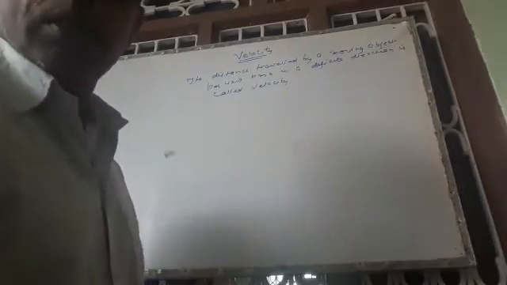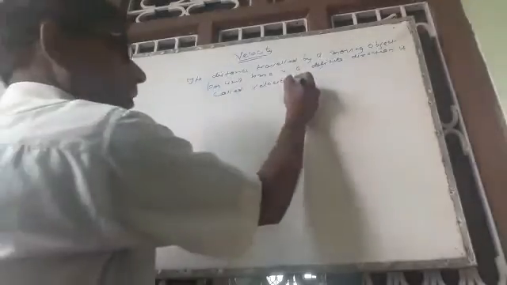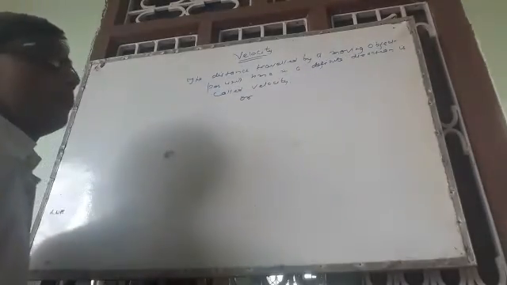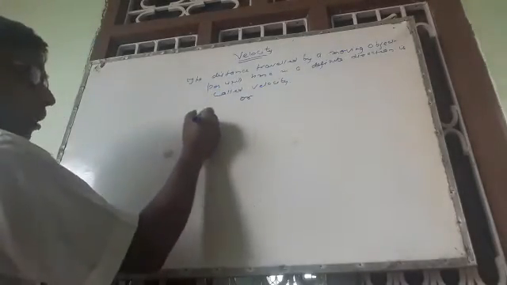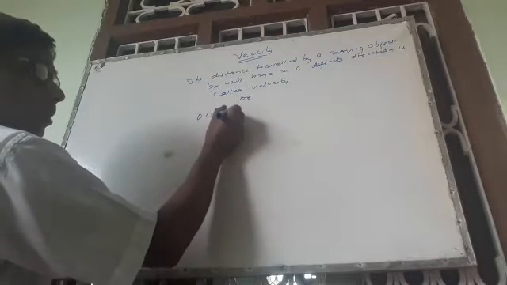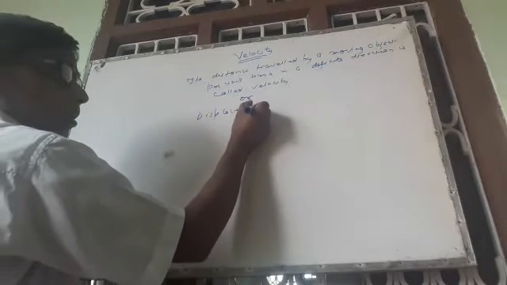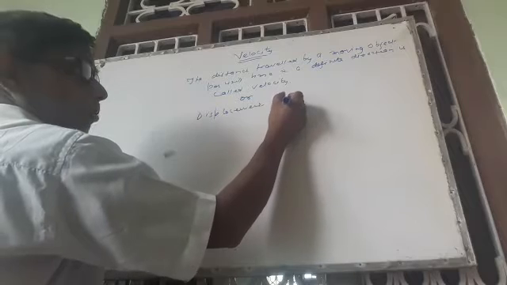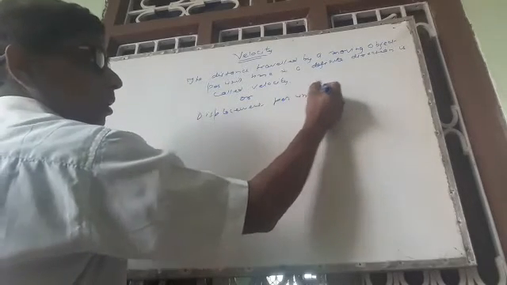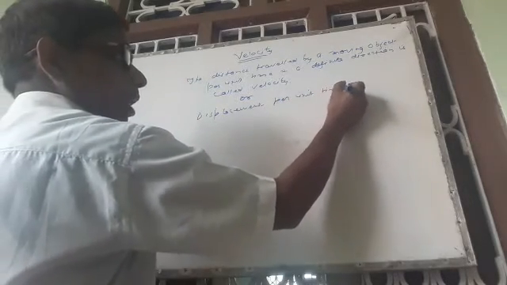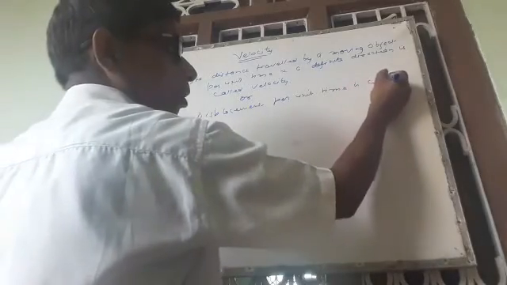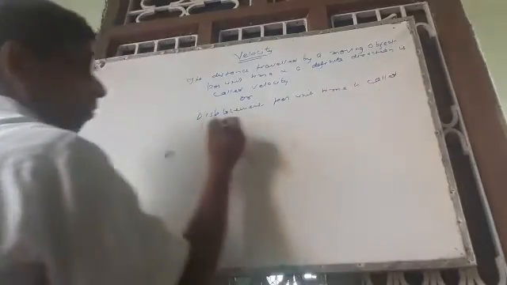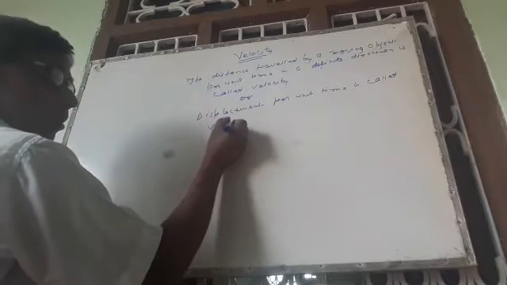In other language, we can also define it as displacement per unit time. Displacement per unit time is called velocity.